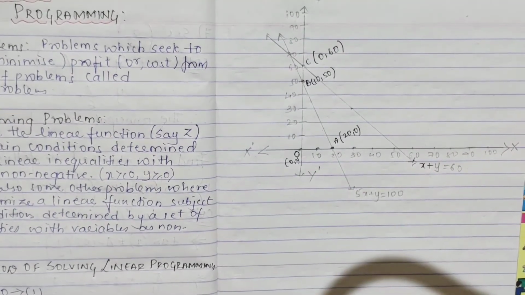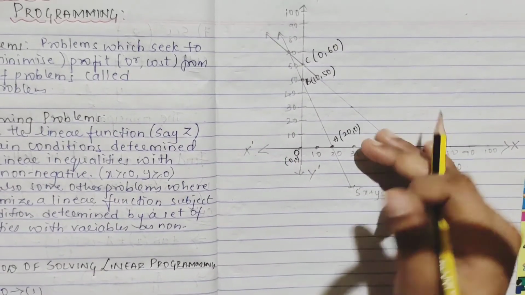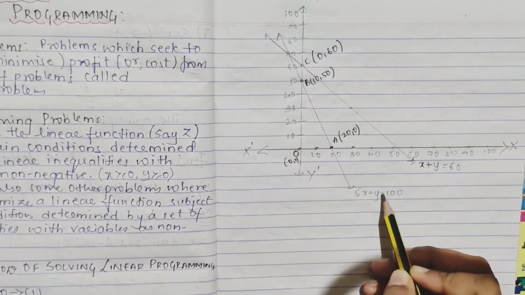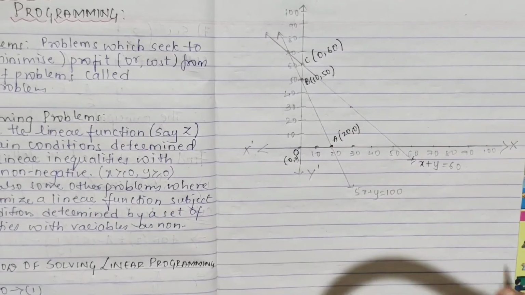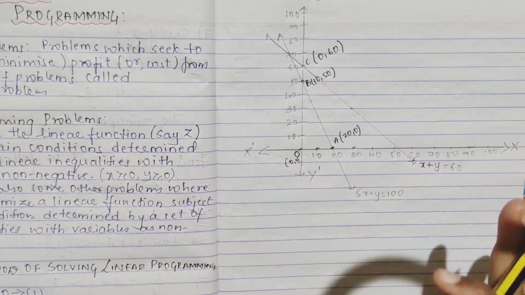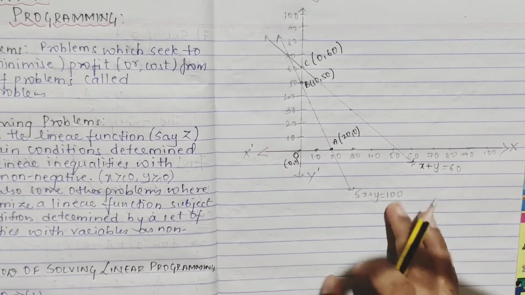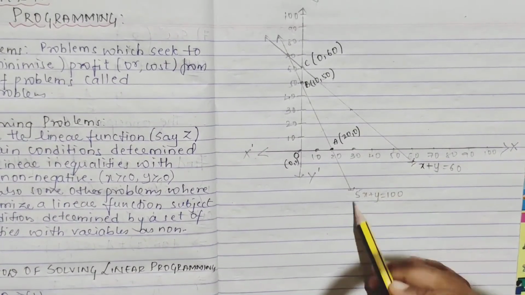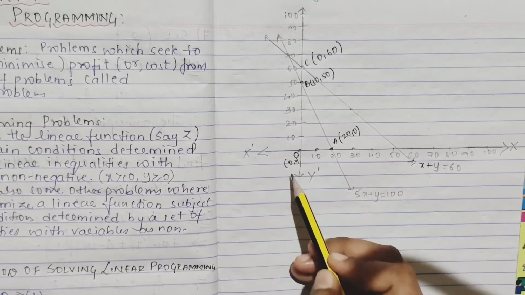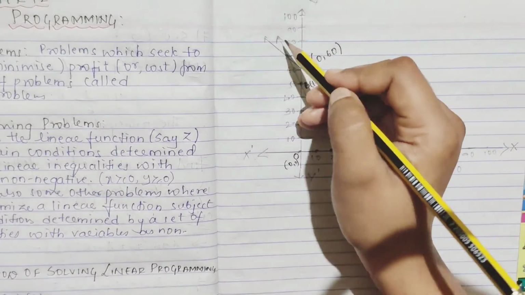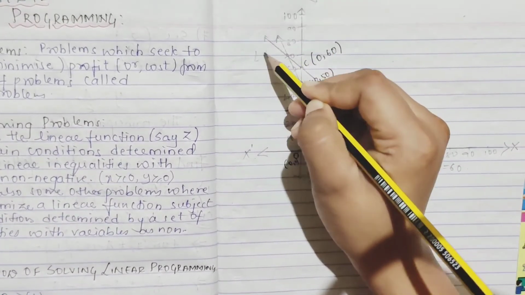Now our actual task is, you have 5x plus y less than or equal to 100, right? So we'll check the inequality. How are we checking? If you put 0, 0, it should satisfy this equation. So if I put 0, 0, this equation is satisfied. 0, 0 means our origin side. So where is this line? This line is here, so I'll be considering this part.